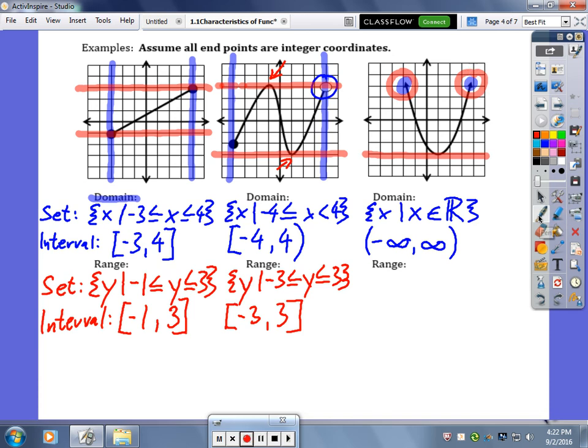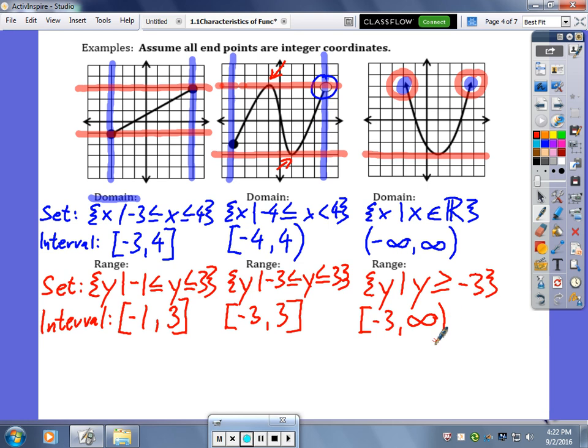This means that for the range, we will write y such that all y's have to be -3 or greater. In other words, y is greater than or equal to -3. In interval notation, we are going to write open bracket -3 comma infinity closing parenthesis.